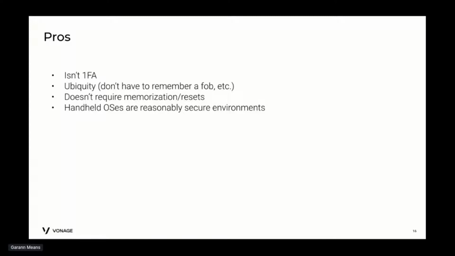You don't have to memorize something, and thus you don't have to do a lot of resets, because the code that you're using is unique every time. It's generated based on something, time or an external management tool like Vonage's.